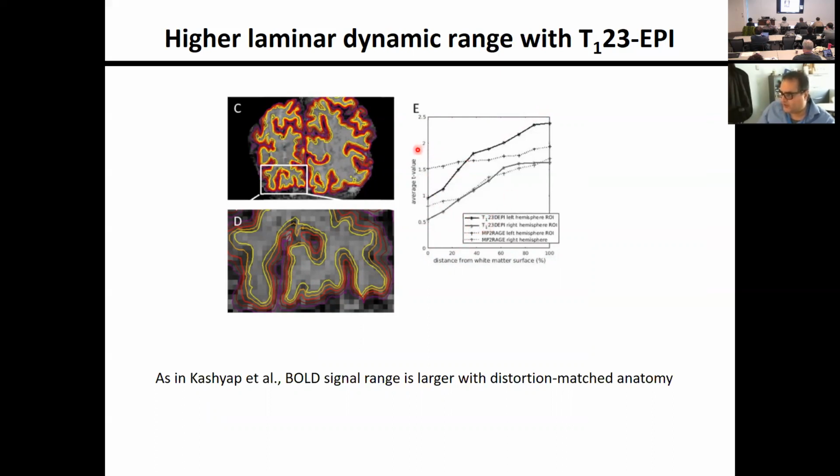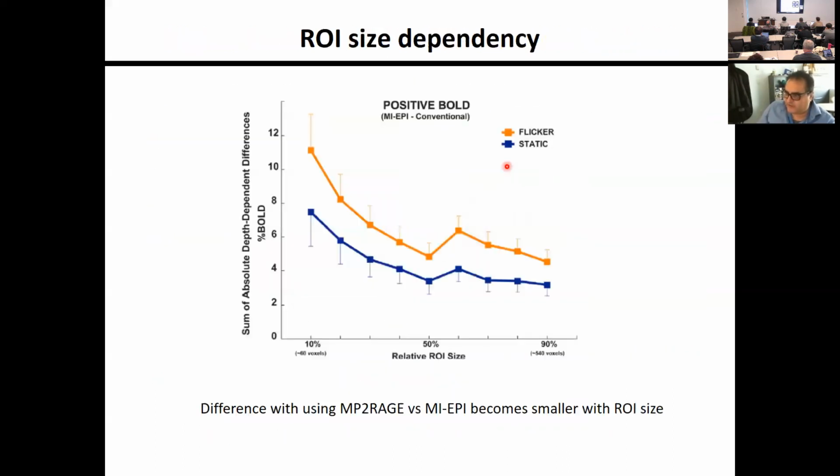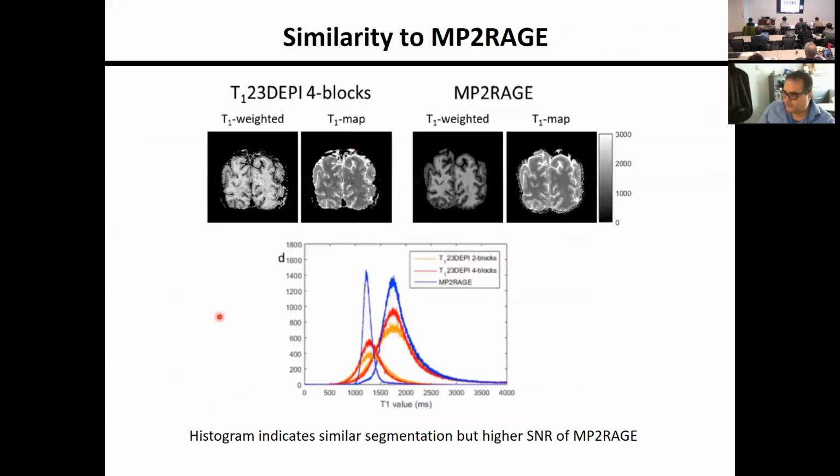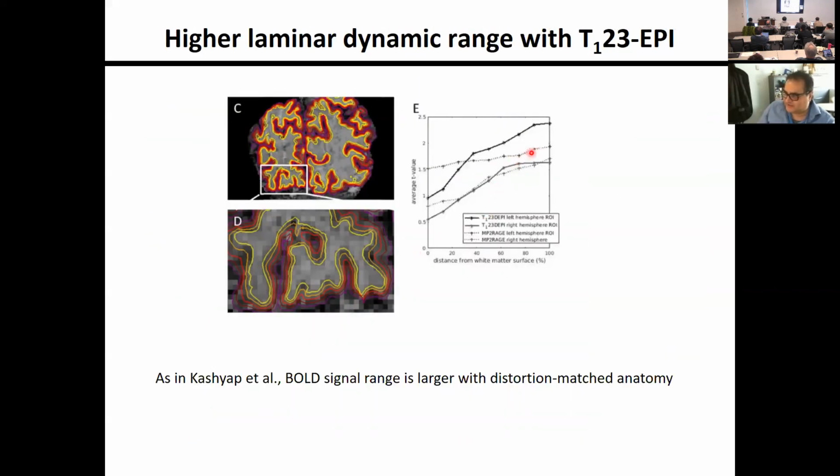And if you take MP2RAGE, it's also increasing, but it's increasing lower, which actually is confirming the same finding as we have here. MP2RAGE has a lower dynamic range than the inversion recovery workflow, which is sort of the same finding as in this paper.